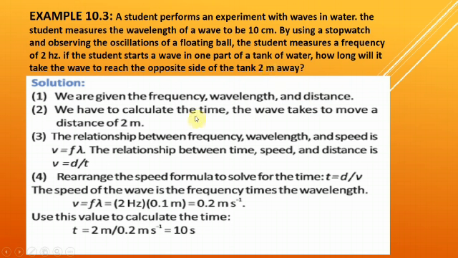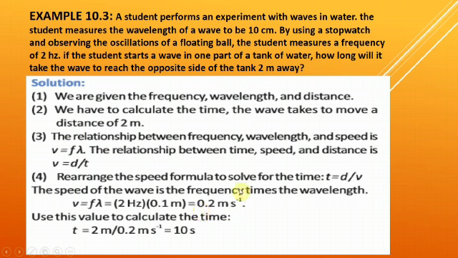We are going to calculate the time, and to calculate the time we need this formula, v equals to d by t. But you see d we have, हमारे पास d है, v नहीं है. So first we have to find v. v हम find करेंगे with the help of this formula, that is v equals to f lambda. When we'll put the value, frequency is 2 Hz, हमें already given है. Lambda wavelength that was 0.1 meter or 10 centimeters. So हमारे पास speed उसकी पता चली, that is 0.2 meter per second.